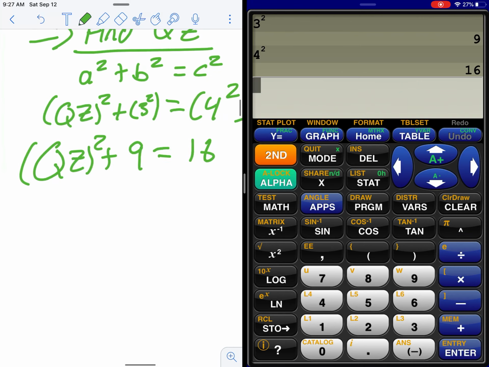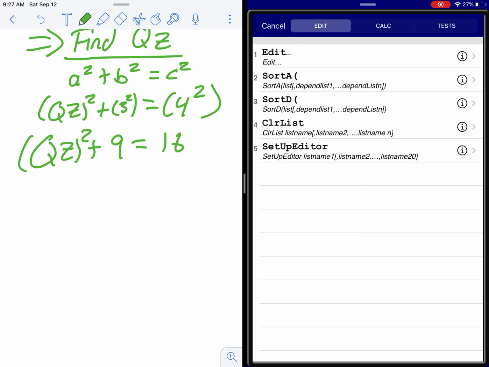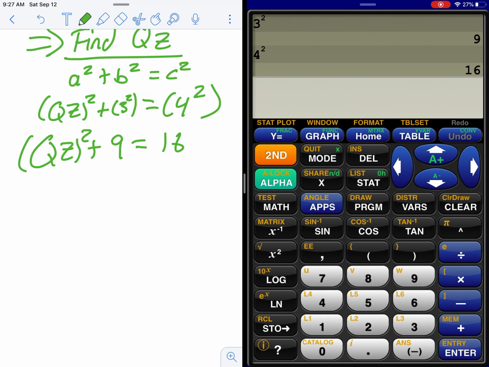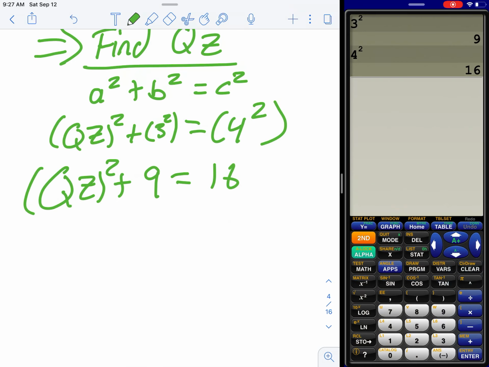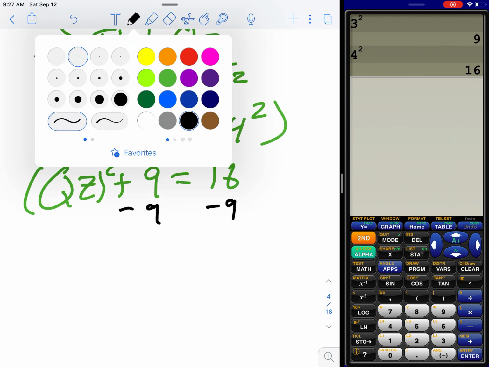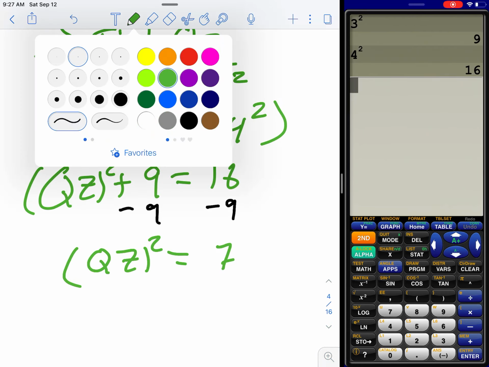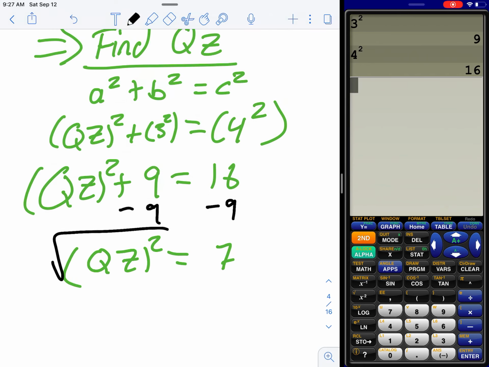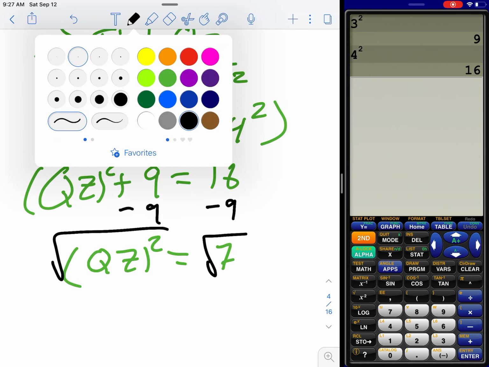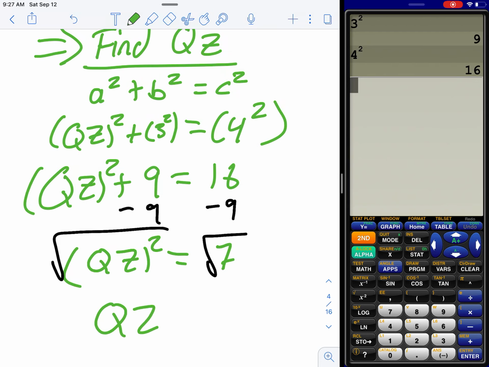Okay, and now I can start solving for my QZ. So I'm going to subtract both sides by 9. So QZ squared equals 16 minus 9 will give me 7. And now I can square root 7. So square root both sides. Never forget to square root. Everybody always does. So QZ equals the square root of 7.